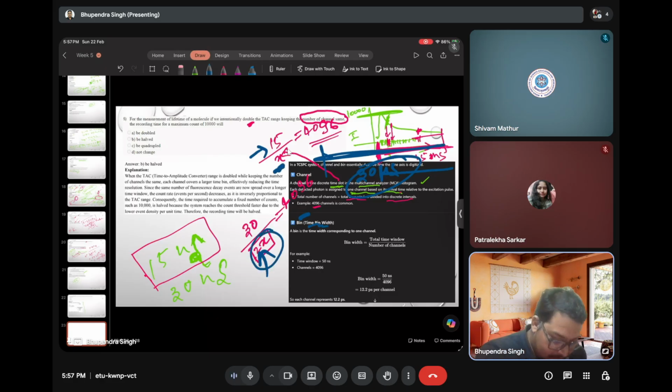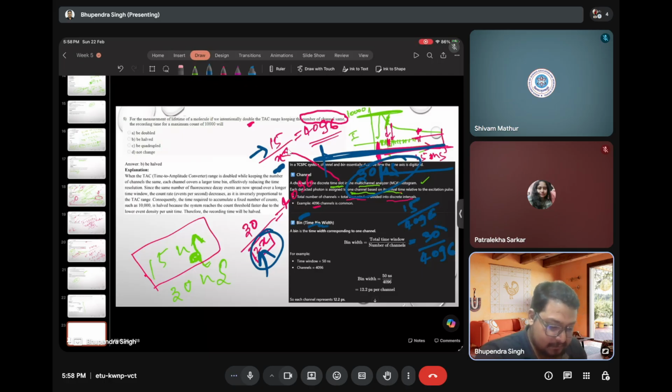So it can be calculated by the total time window, which is 15 or 30, divided by the number of channels. So 4096, and this is the second case. The first case is 15 divided by 4096.